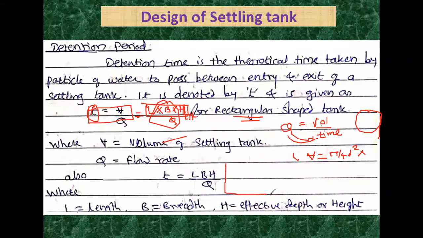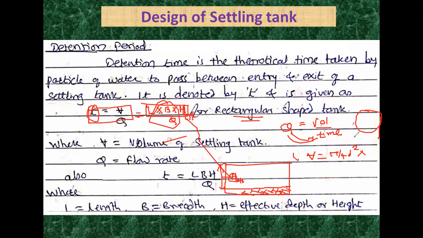Because in the diagram of the sedimentation tank that we saw in the last lecture, we had also shown the sludge zone here. So the depth of sludge zone we do not consider here. Okay, so H is nothing but this H, or we call it the effective depth, H effective. So we are talking about this H here, right?